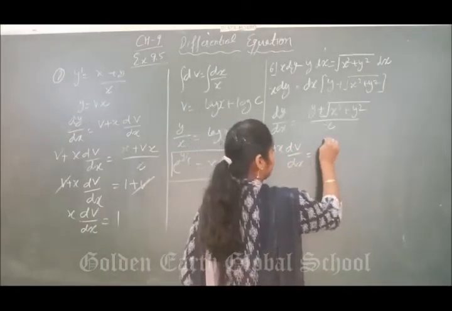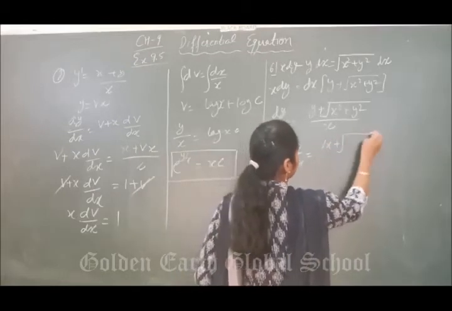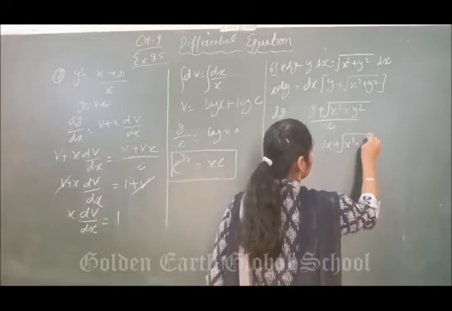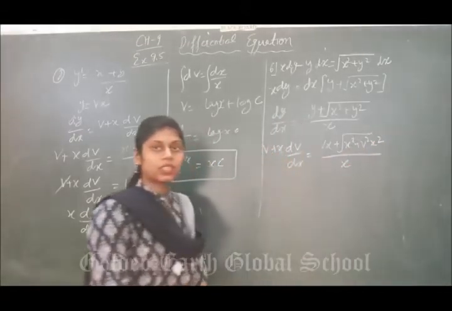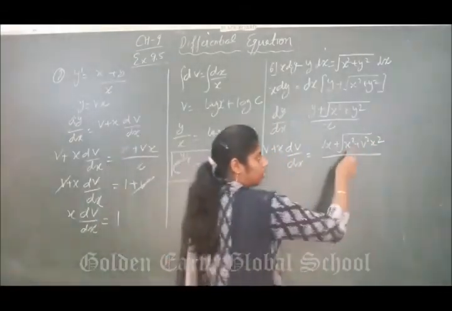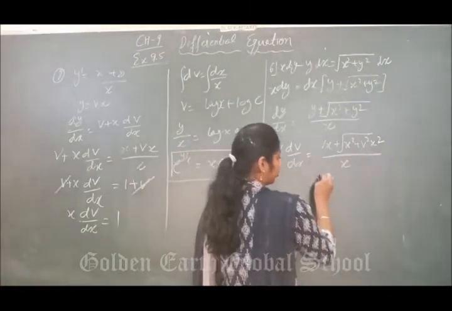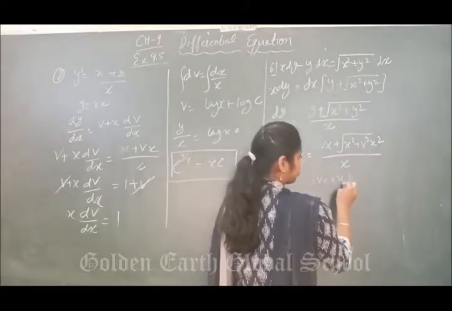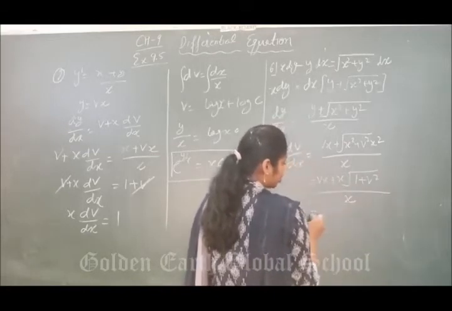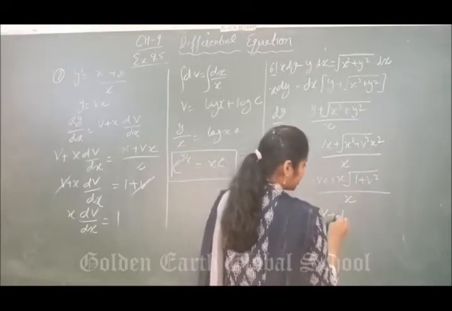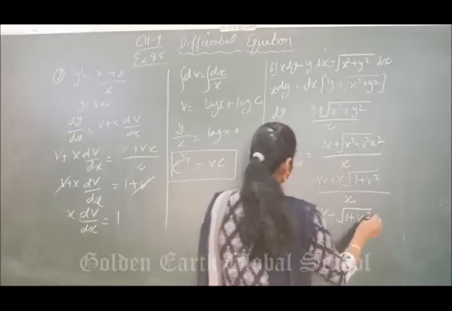Substitute: x square v square plus x square upon x. From the square root term take x square common. Out of the square root it will remain only with x. Take x common: v plus square root of 1 plus v square.